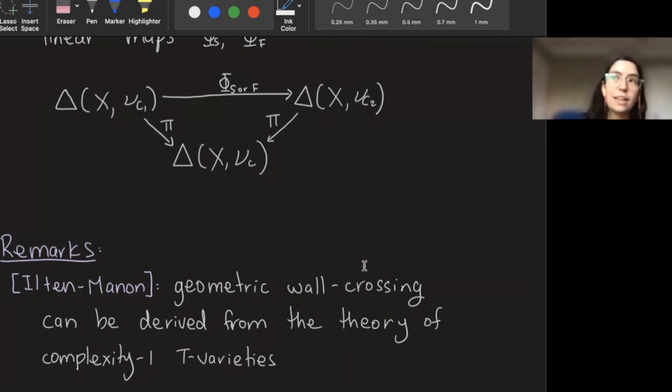Or more excitingly, all the maximal cones of the tropicalization are prime. Nathan Ilten and Grassmannian address that question for complexity one T-varieties. Yes, you can: if you have a complexity one T-variety, you can find an embedding such that the tropicalization has all cones prime. And as they were doing that, they realized that the geometric wall crossing that I'm giving you, which I'm calling geometric, can be derived from the theory of complexity one T-varieties.